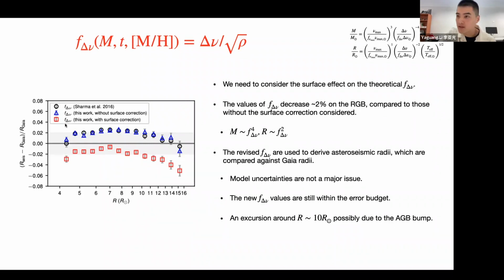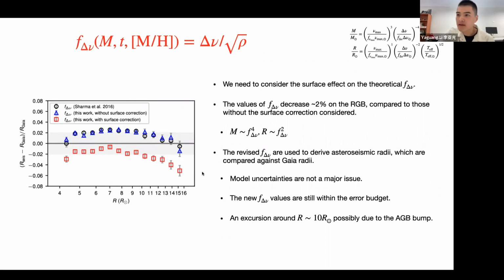And if we consider the surface correction, which is represented by all of these red squares, you can see all of the points moving downwards by like 4% or so. But these new F delta nu values are still within the error budget, which is indicated by this gray band, because there are some systematic errors involved when we are calculating our Gaia radii.